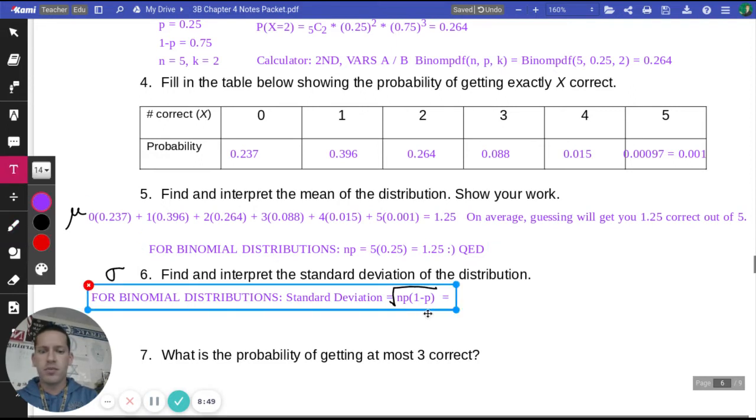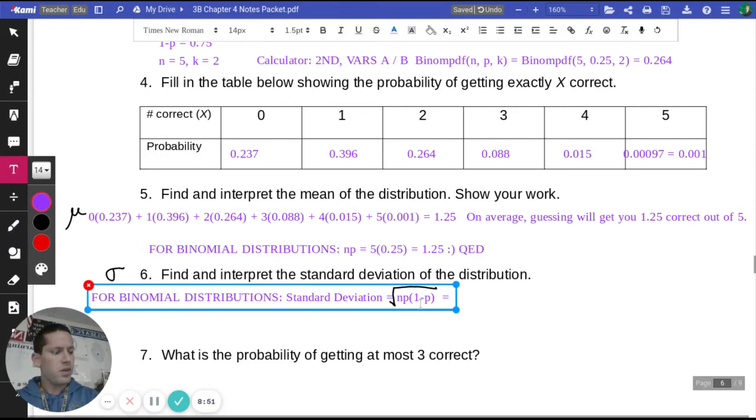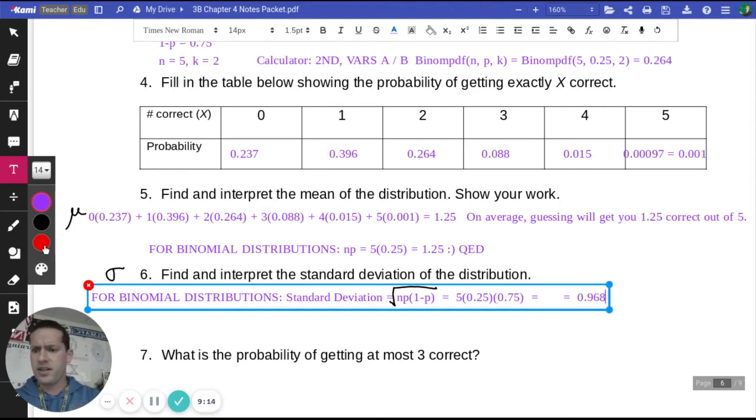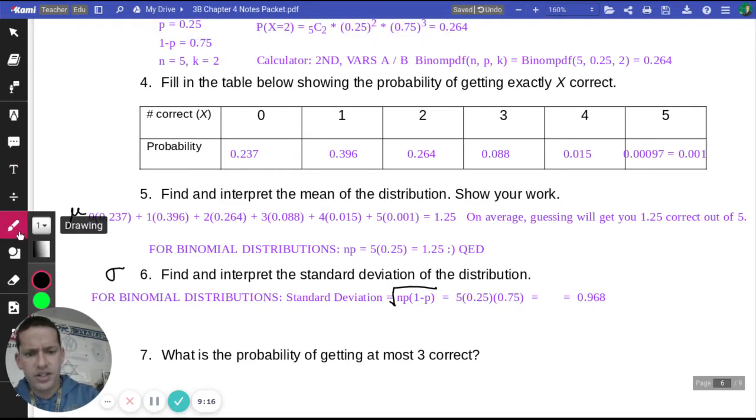So when I plug those numbers in, I get the square root of 5, that's n, times probability of getting something correct, which is 0.25, times the probability of getting something incorrect, which is 0.75. And I'll take the square root of that, and that should tell me that the standard deviation is 0.968. So let's jot down our standard deviation there.